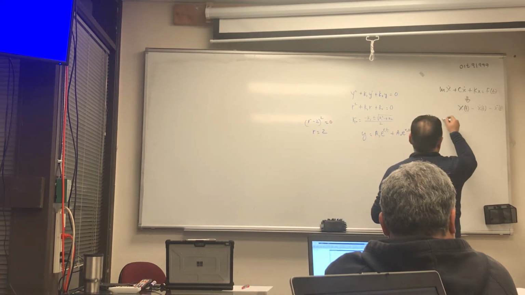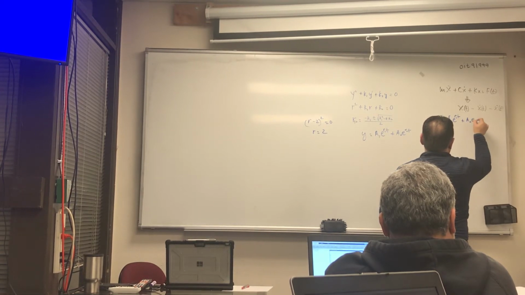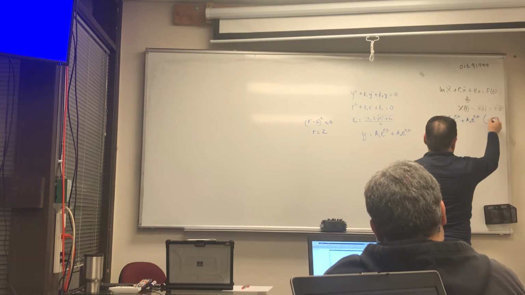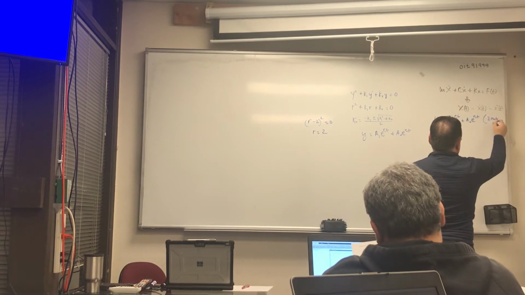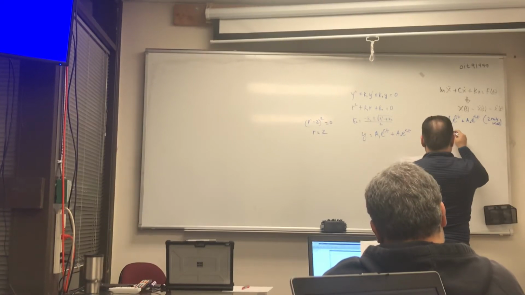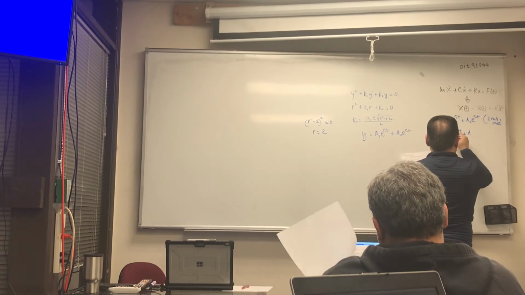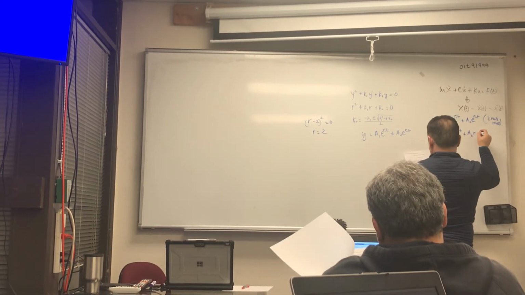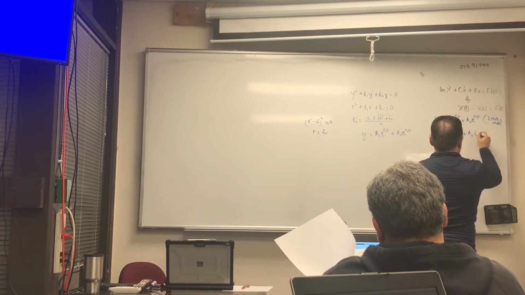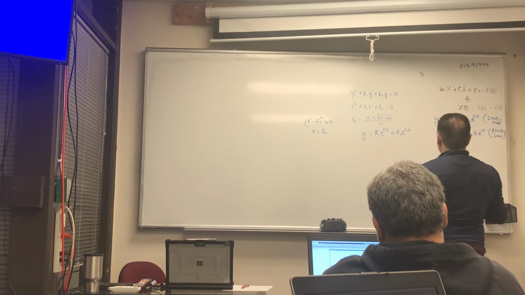You can either have y equal to a1 e^(r1 t) plus a2 e^(r2 t), where the two roots are real, or you can have y equal to a1 e^(rt) plus a2 t e^(rt). This is if you have two roots which are the same.